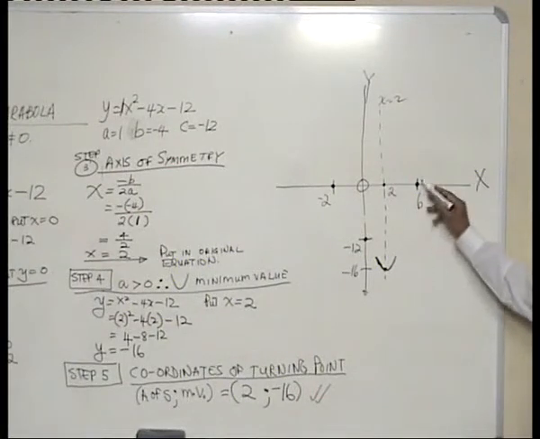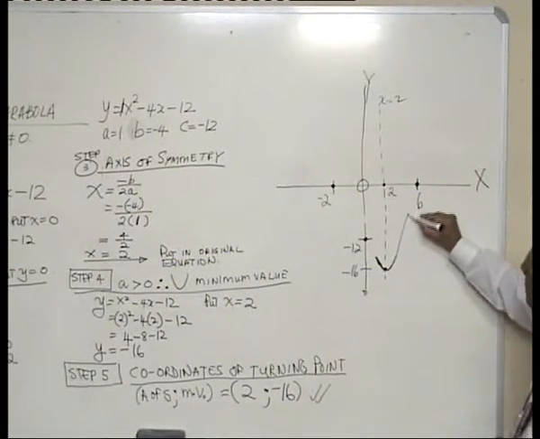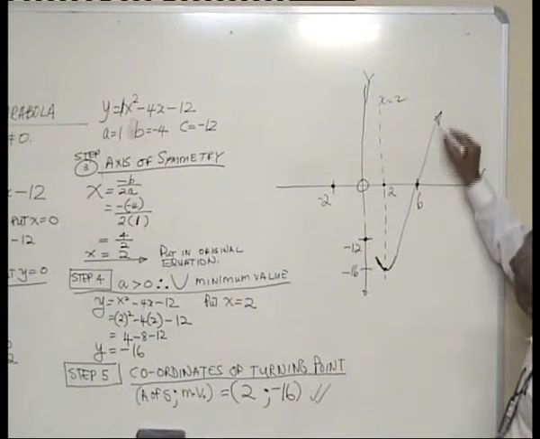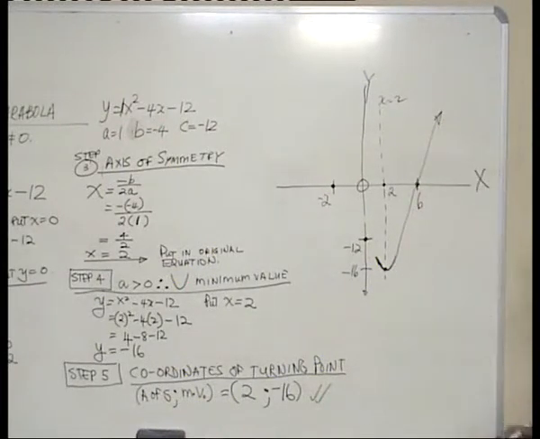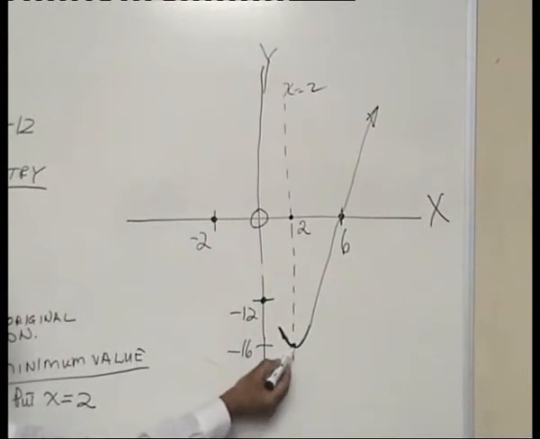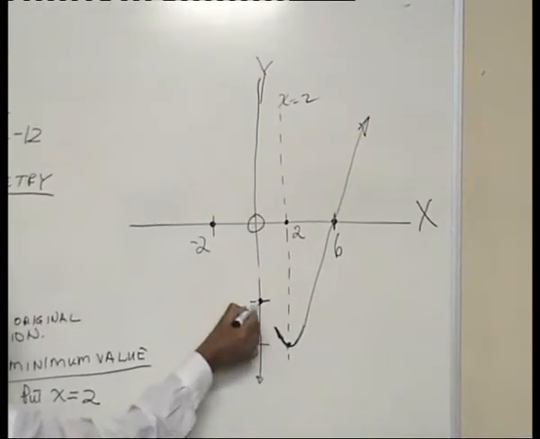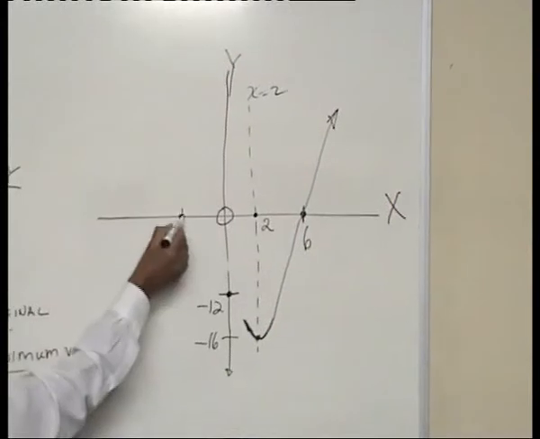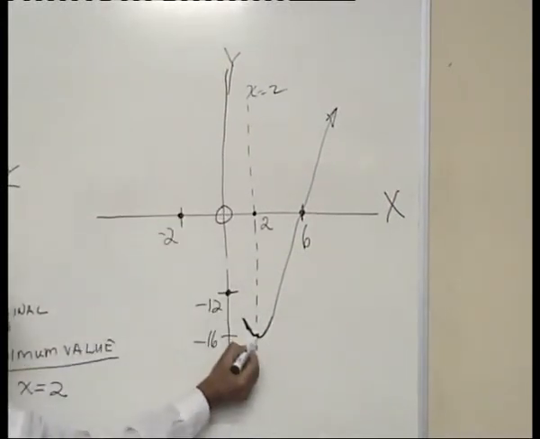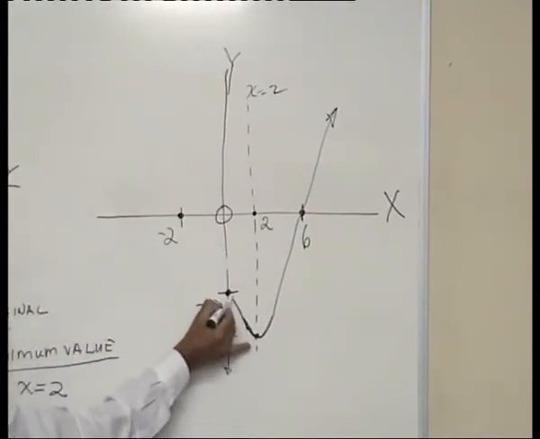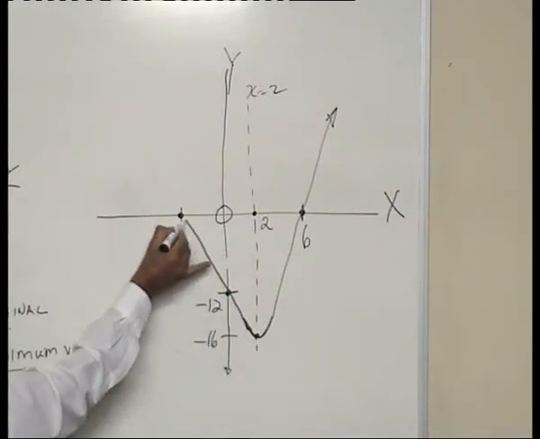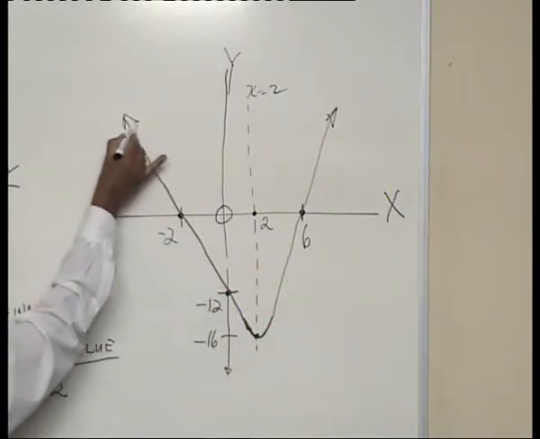Now from here, I must go up to 6 and straight through it. Don't worry if your lines are not too smooth and straight. As long as you're joining the correct points, that's most important. Alright, and let's see what happens on the other side. From here, we go through minus 12, and then you go through minus 2, and you go up there like that.